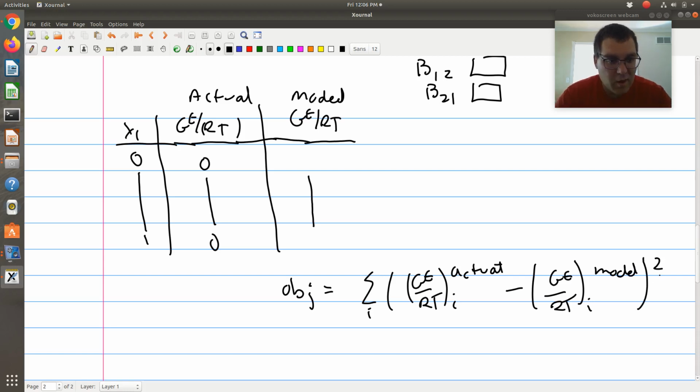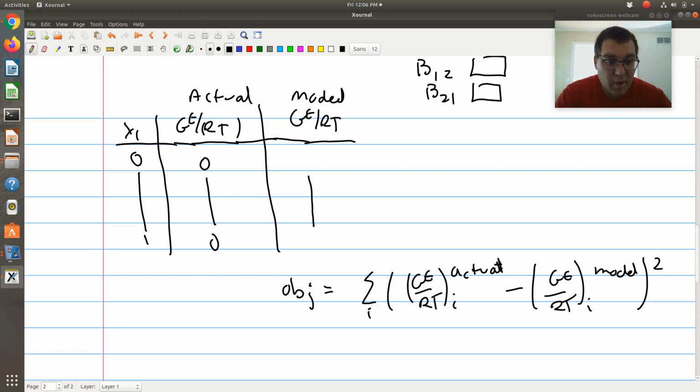And so basically I'd want to minimize the square difference between my actual GE values and that of my model. I square it so that all of those differences are positive, so I don't have some cancellation of signs, which doesn't actually pertain to the fit.